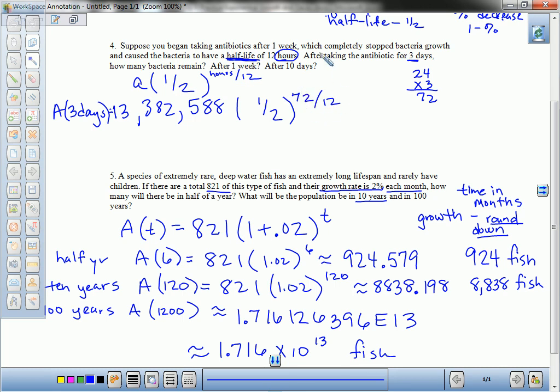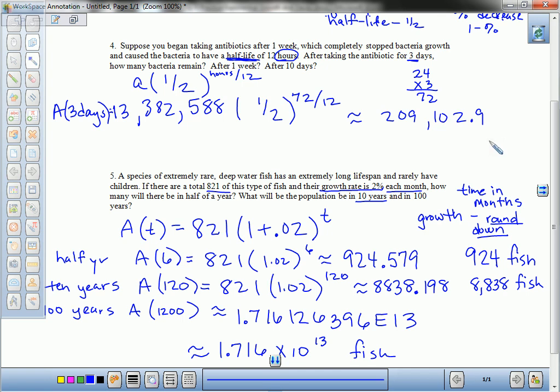So we can punch it straight into our calculator though. We type in 13,382,588 times 1/2 raised to the 6th. So then we have approximately, we go from 13 million down to just 209,102.9.